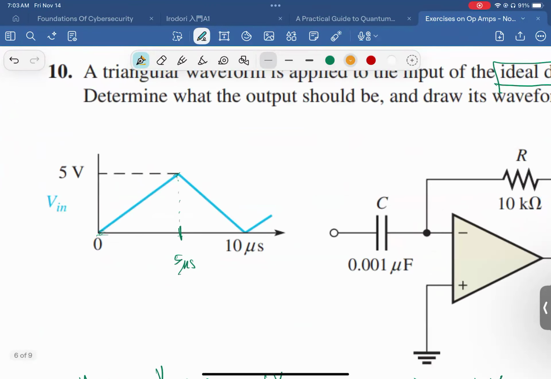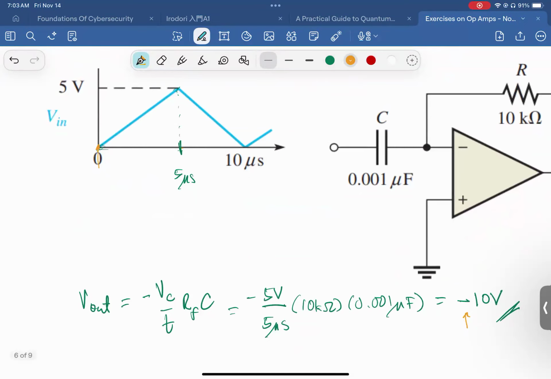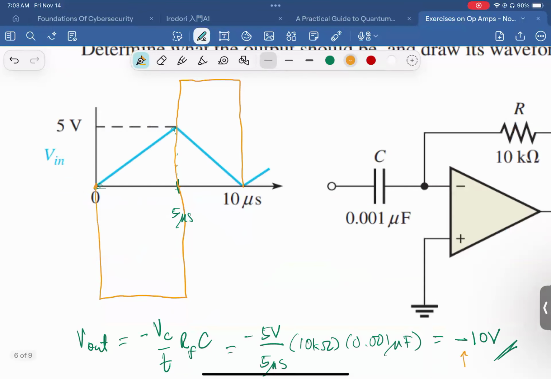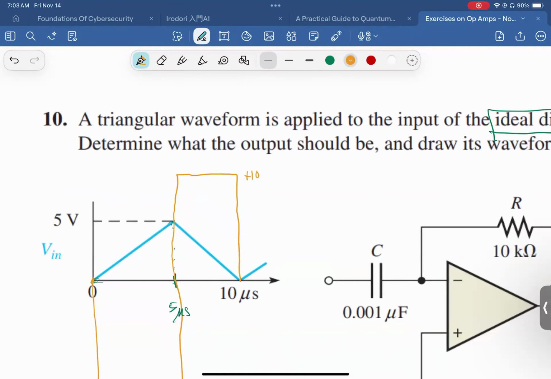So instead of a positive signal from 0 to 5, you get a negative square wave from 0 to 5. And then dito ka magkakaroon ngayon ng positive na square wave from 5 to 10 microseconds. And yung output nito is negative 10 volts. At ito naman ang output is plus 10 volts.